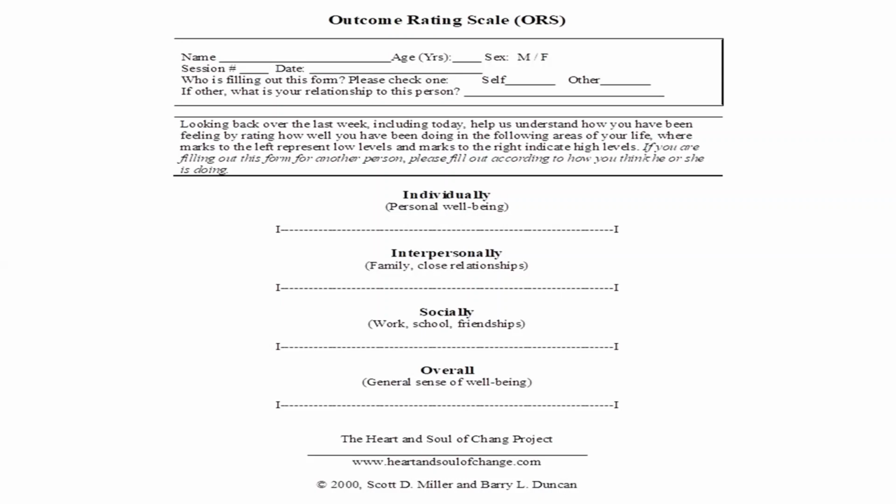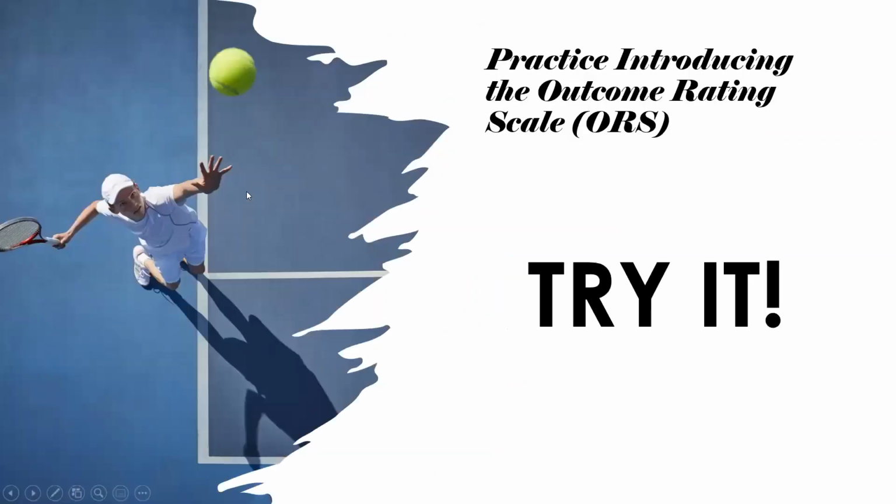Also, a client can put where they're at with one color pen, and where they think their spouse, their parent, their child, or their probation officer would rate things for them on how they're doing.